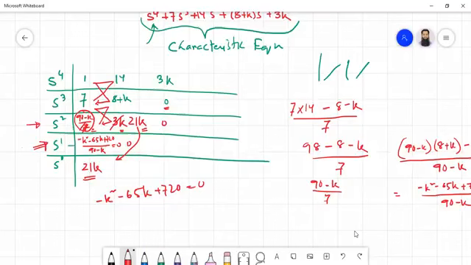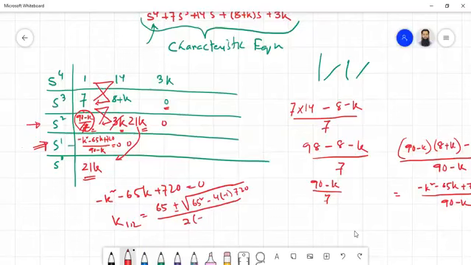So let us find out the value of k for which the value will be 0. So minus b, that is 65, plus minus the root of b square, 65 square, minus 4 into a, which is minus 1, into 720. So under the root it is becoming plus, so you don't have to bother about it.